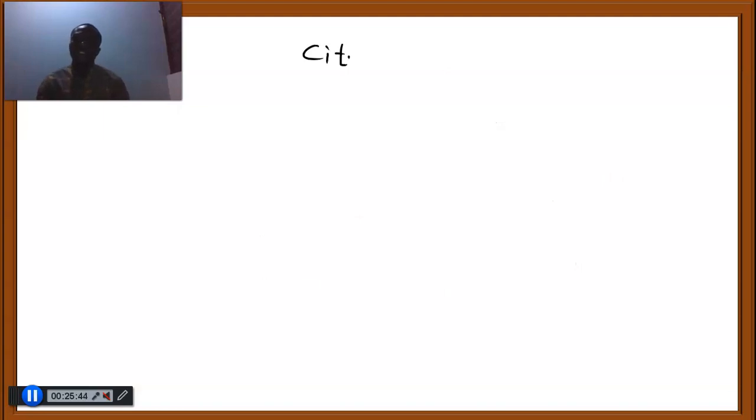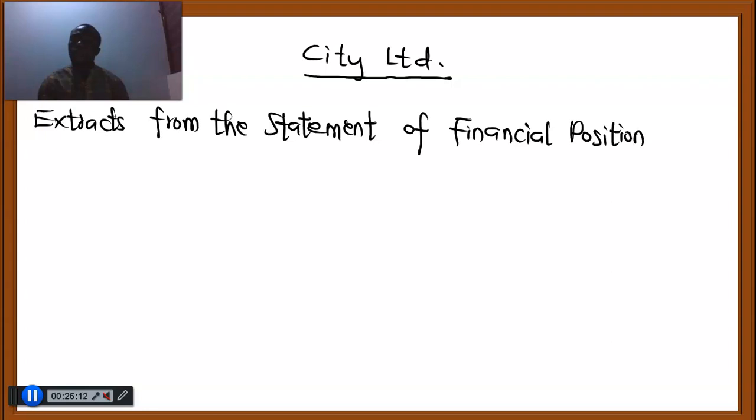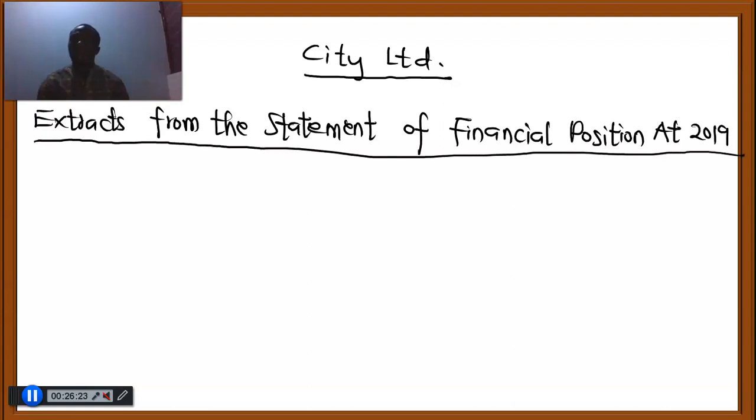Then we show extract for the statement of financial position. So we have extracts from the statement of financial position. So we have our Ghana cedis here.